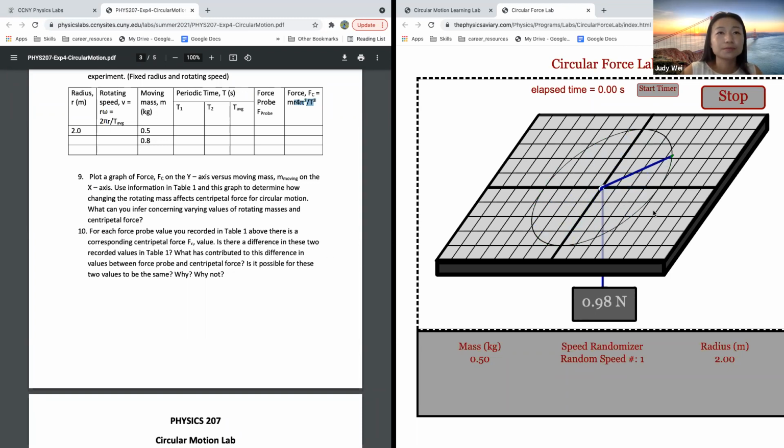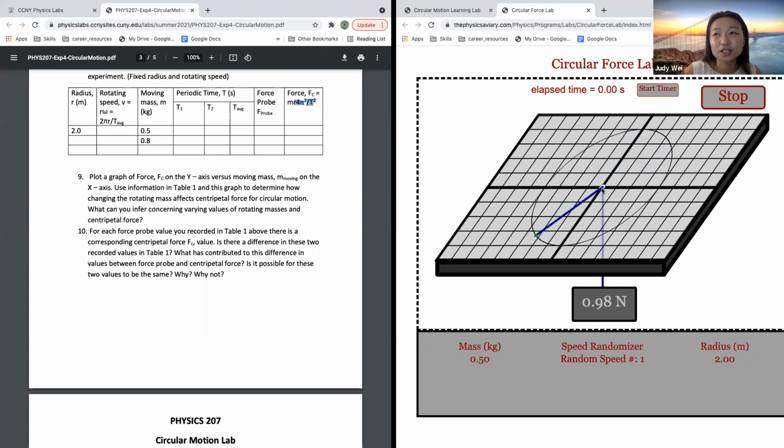Basically, these two forces are supposed to be the same, because the force probe hangs the string, and this hanging force is the centripetal force that holds this object to rotate. So if there are any differences, that could be the measurement.